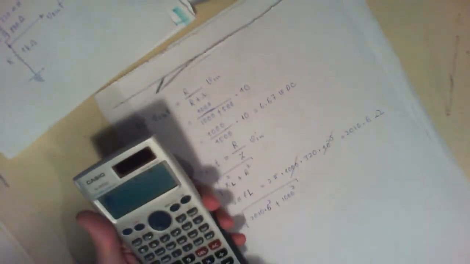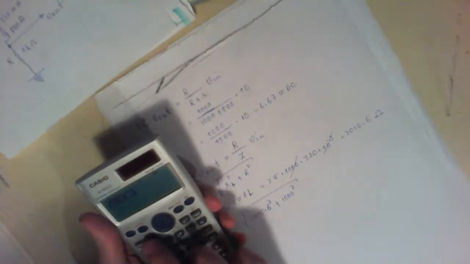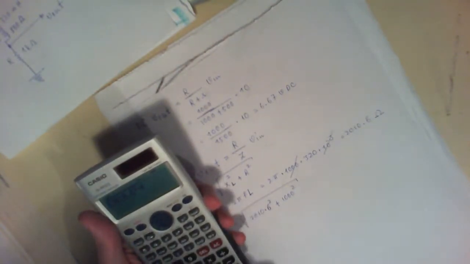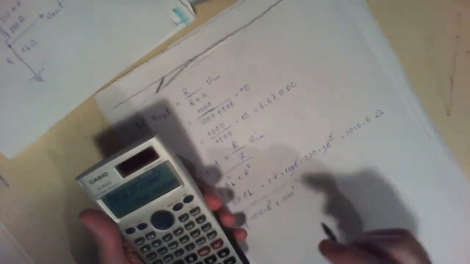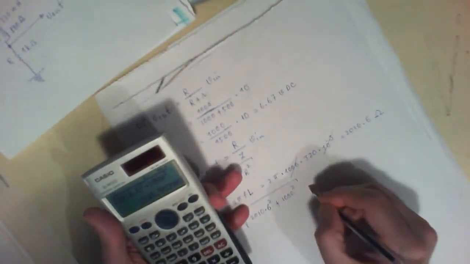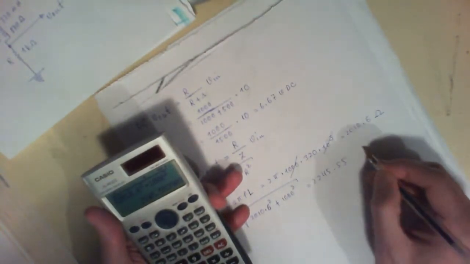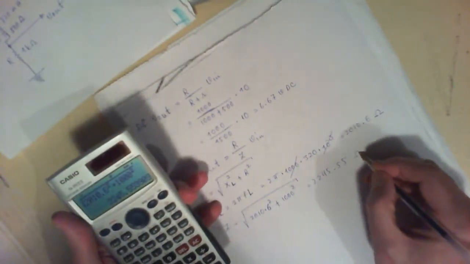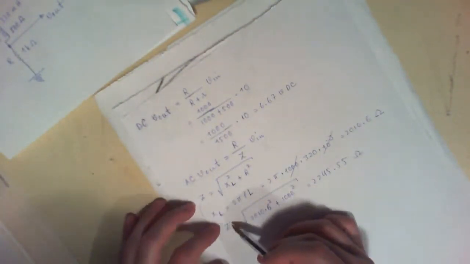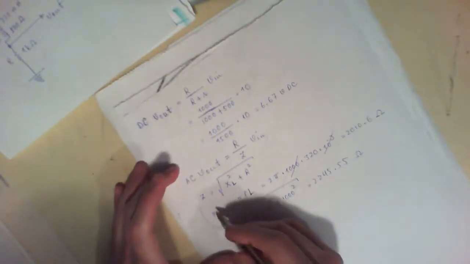So this is equal to the square root of 2010.6 squared plus 1000 squared, which is equal to 2245.55 ohm again. So now that I have X of L and Z, I can calculate AC out.